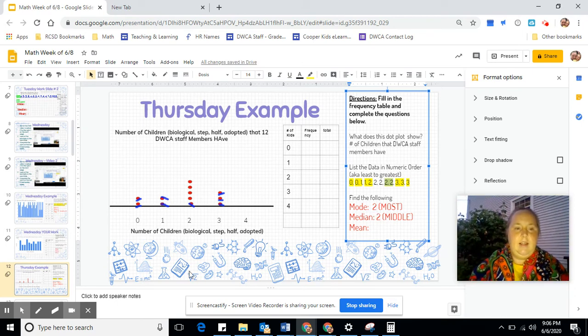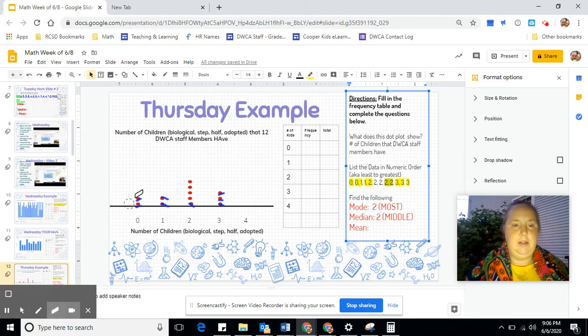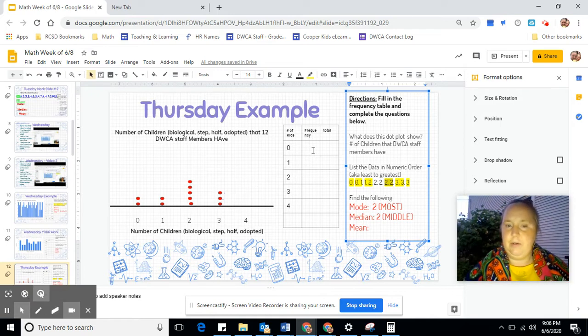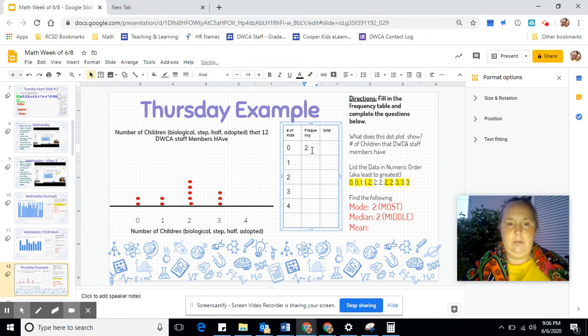All right. And last but not least, we're going to determine the mean. This shouldn't be too tricky. And what's even better is I put a table out here so that we could use it as a tool. So I'm just going to rewrite this. There are 2 zeros. There are 2 1s. There are 5 2s. And there are 3 3s.